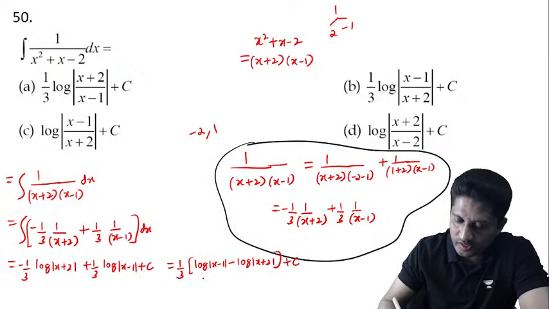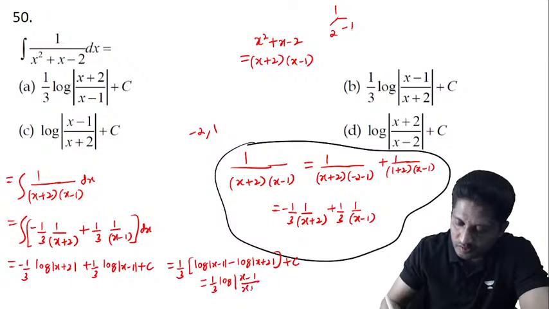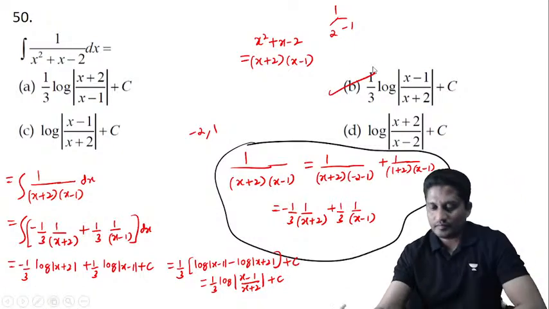Log m minus log n is log m by n, so you get 1 by 3 log of x minus 1 by x plus 2, and then plus c. Answer is option B.